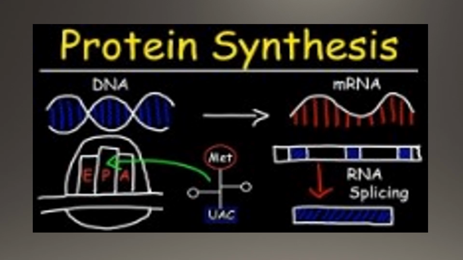Now, this particular strand has something known as introns and exons. Introns are basically longer sequences of nucleotides that do not code for anything. So these must be removed in a process known as RNA splicing.